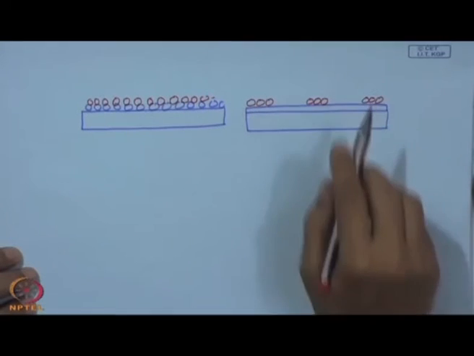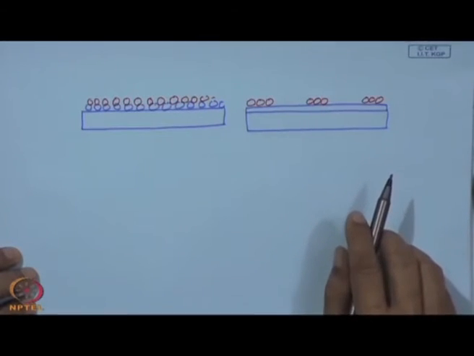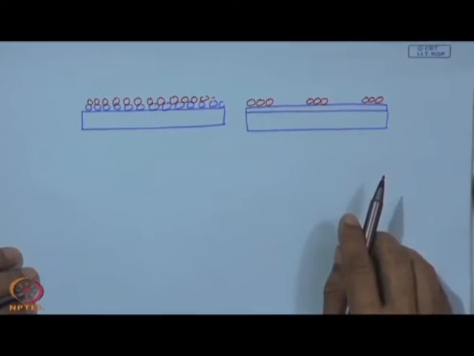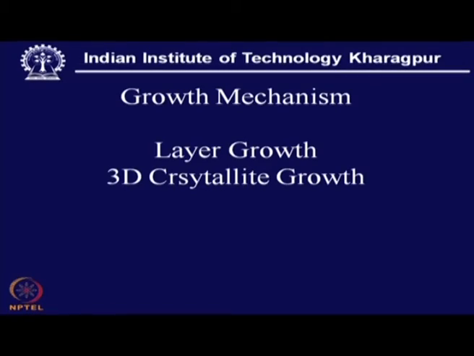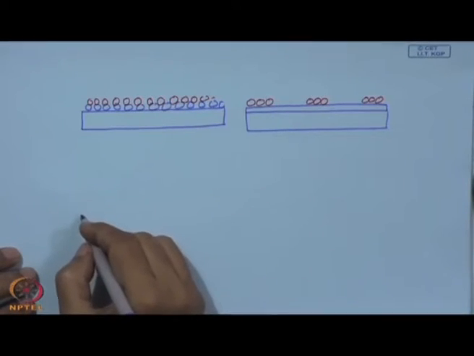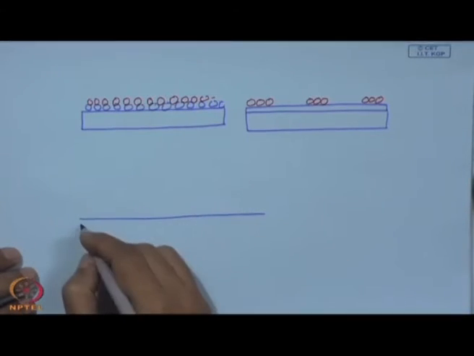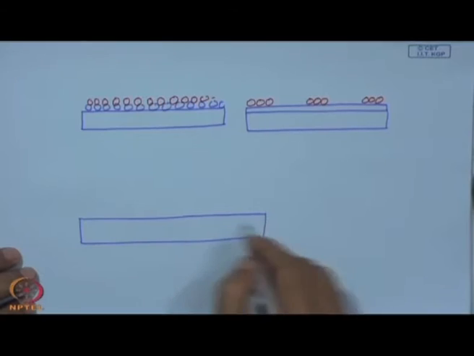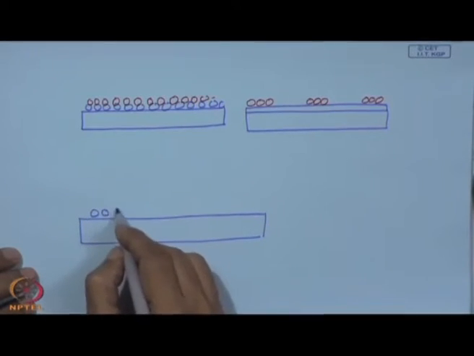So, this is called layer by layer growth, but it is also possible to have 3D crystallite growth, that means three dimensional growth, in every direction, and we can illustrate it like this. So, this is the substrate surface and we have growth like this.